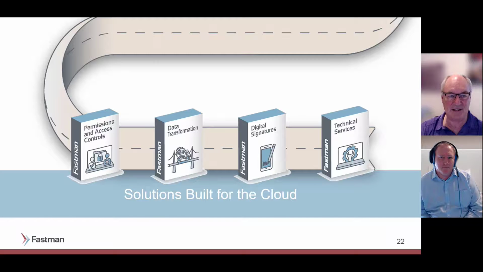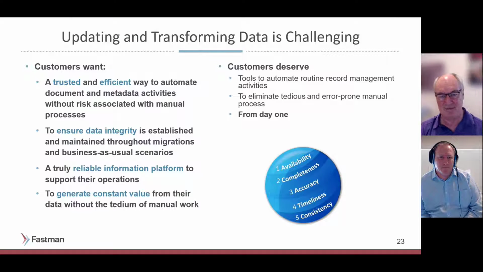So the next piece of this is our data transformation solution set, which does go hand in hand with the permissions and access control, but it's really about giving customers the ability to update and transform data, and to migrate, consolidate, do things like update metadata, and migrate with records management applied, all that sort of stuff in bulk, using some searching functionality to find content regardless of where it is in the system and apply common changes to that content, and so on and so forth.